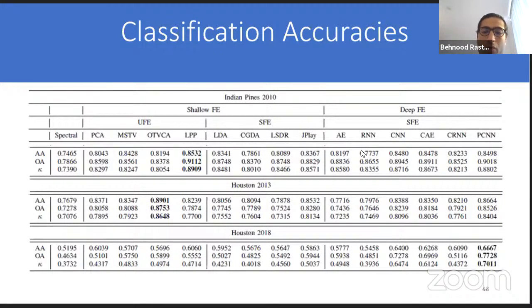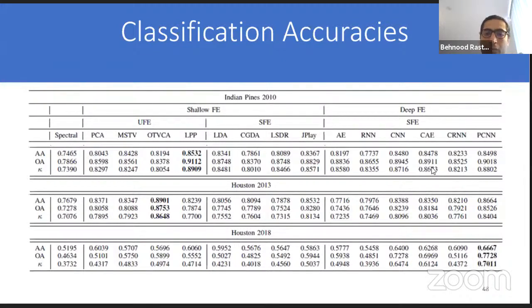And also, when you compare the results for all three datasets, you see that among deep learning techniques, CNN and PCNN work better, and PCNN works slightly better than CNN. So these two techniques, among all these deep learning techniques, work better.